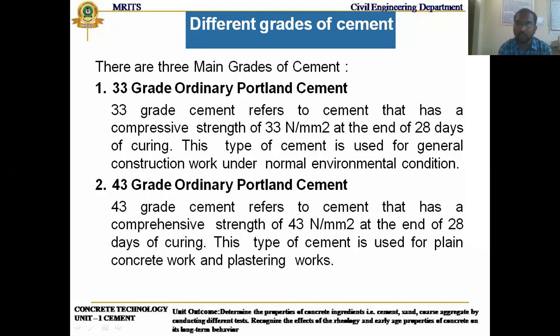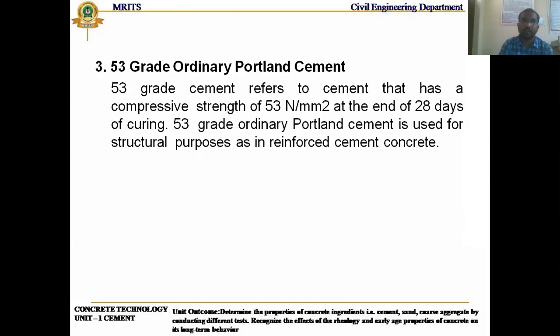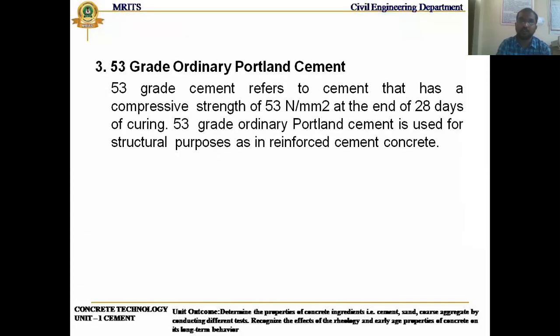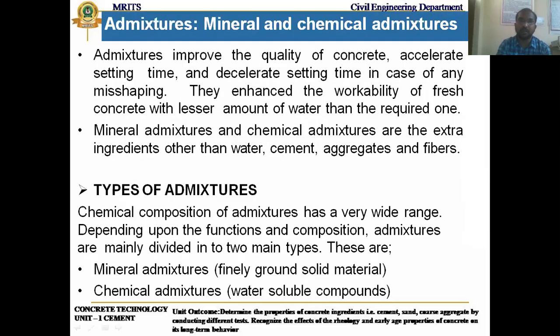And next one is 53 grade OPC. So 53 grade OPC refers to the cement that has a compressive strength of 53 Newton per mm square. And this 53 grade OPC is used for structural purposes as well as in reinforced cement concrete also. So by this, we completed the different grades of the cement.